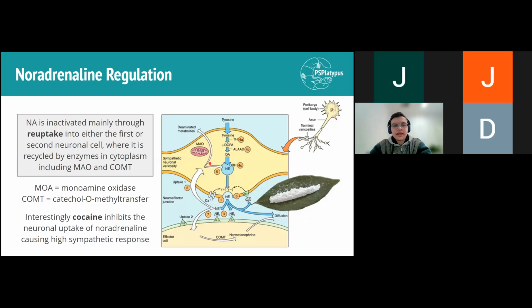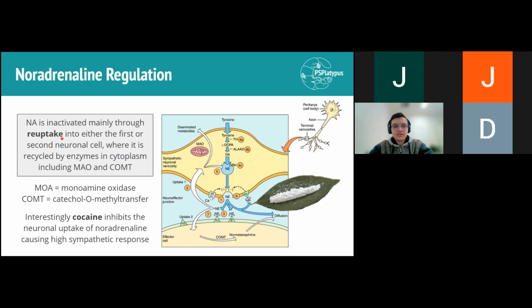Okay, now again, as we did with the previous receptors, we're also going to briefly discuss how we regulate noradrenaline, because that's a semi-important drug target in some spots. If you think about noradrenaline being released, remember we had that alpha 2, which is helpful, but it's not enough. So what we have are some enzyme mechanisms that will break down the excess noradrenaline and prevent more stimulation.